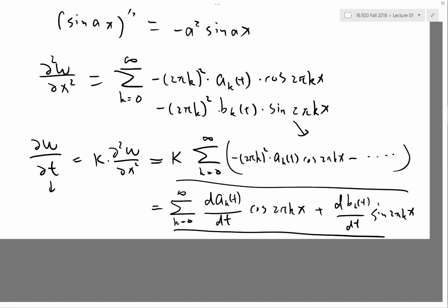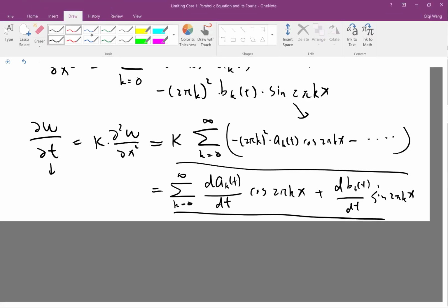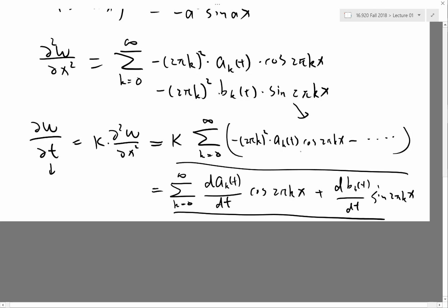The corresponding frequencies have to match because you cannot compose one frequency with the linear summation of different frequencies, right? You can never construct a sine wave out of sine waves of different frequencies, right? So basically the corresponding terms have to match, which means, let me circle them.